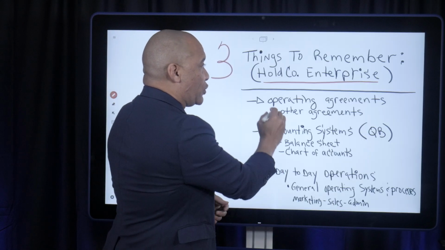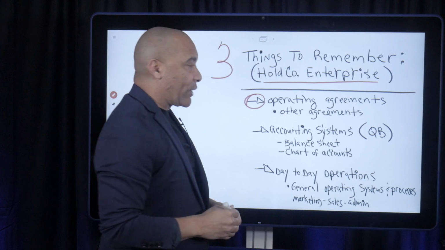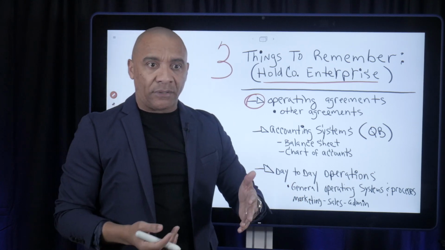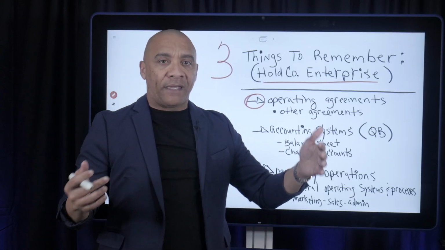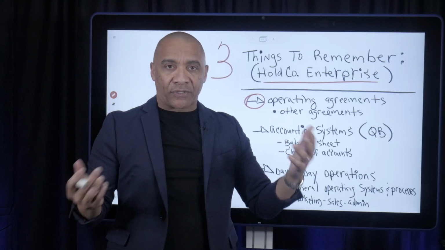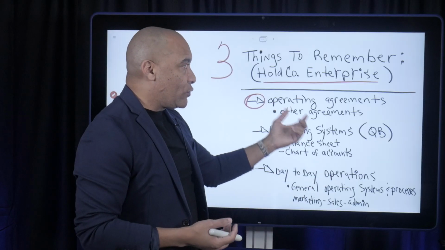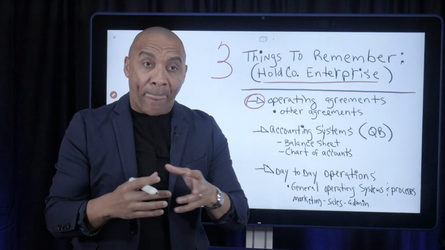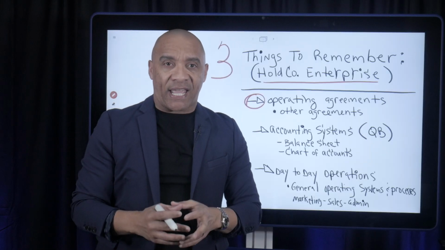Number 1, you want to remember your operating agreements. A lot of people who set LLCs up, whether it's a single LLC or a multi-entity LLC structure like a HoldCo enterprise, do not have operating agreements. Your operating agreement for each LLC is the constitution for that LLC.